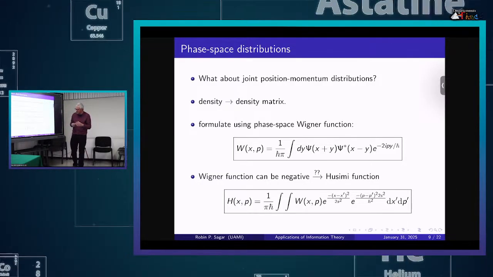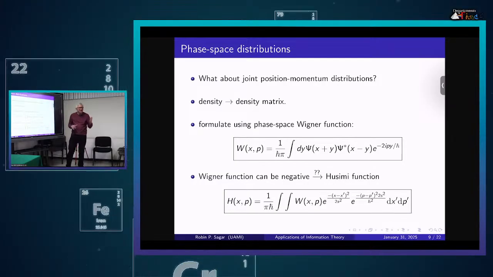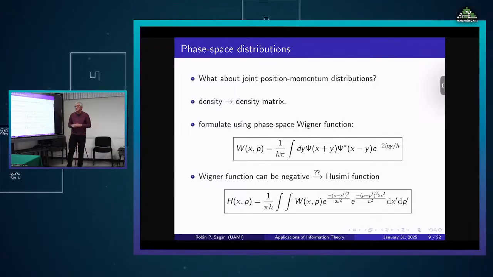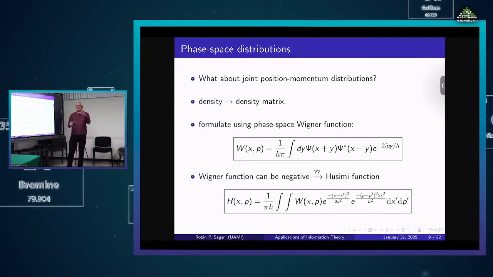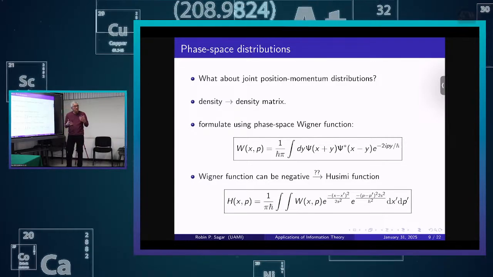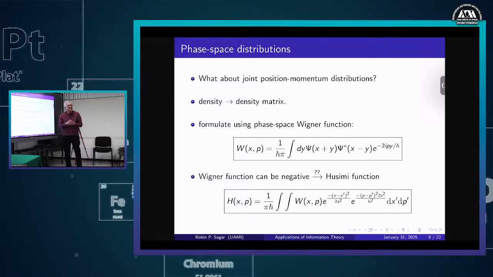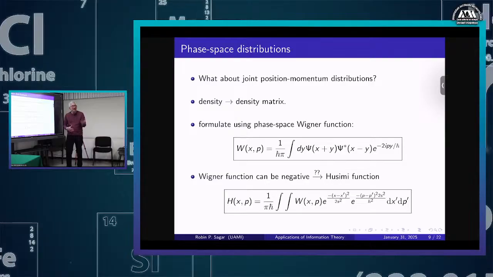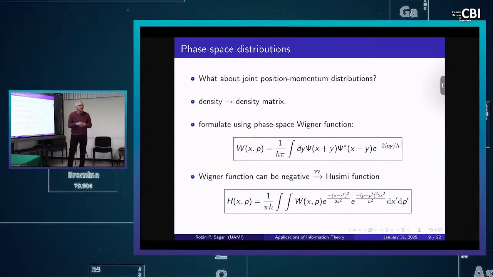Here at the bottom you have the definition, and formally it's the Weierstrass transform of the Wigner function. You can think of it as going through a smoothing function, and you're smoothing things out and getting rid of these negative regions. But there's a price to be paid, because the structure inherent in the Wigner function, you're losing it, smearing it out. But the advantage is you're creating something that's positive, and you don't have the problem of the negative regions.